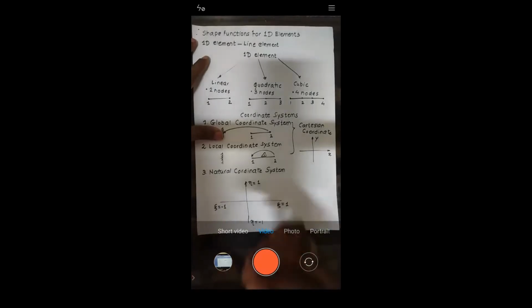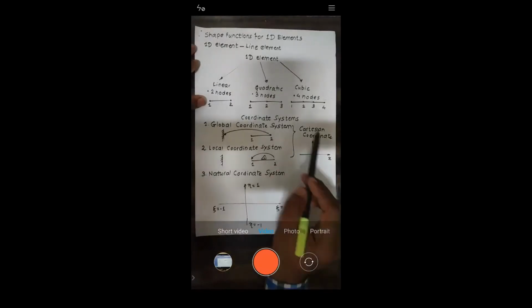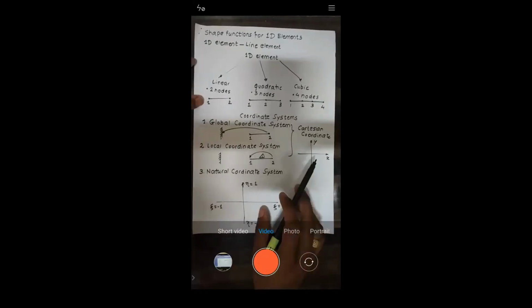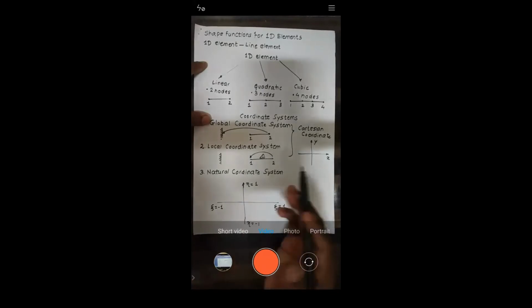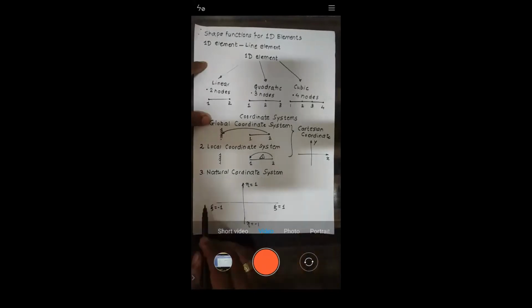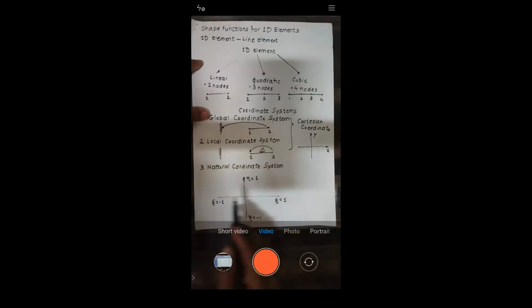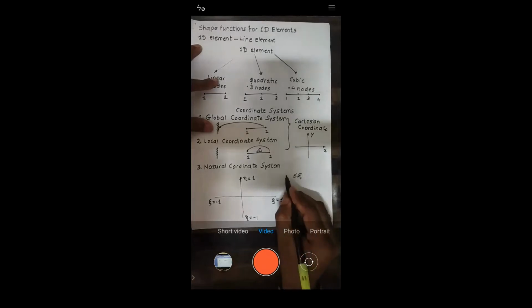So if you talk about the global or local coordinate system, they belong to the Cartesian coordinate system, right? But for the natural coordinate system, you won't have x and y. Simply replace x by zeta and y by neta. And what is the limit for zeta? Zeta is greater than or equal to -1 and less than or equal to 1.